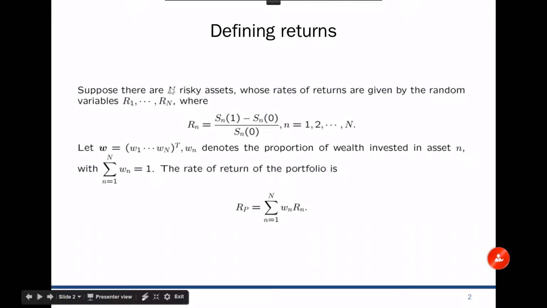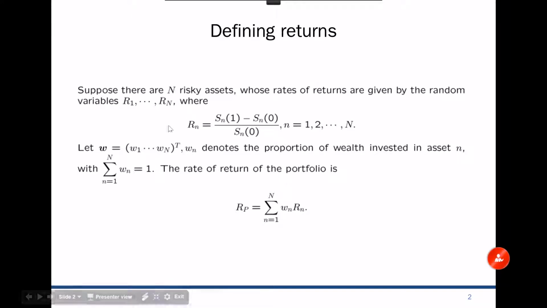So suppose we have capital N number of risk assets, so n is from 1 to N. Now let's form the portfolio. In order to form a portfolio, we need a portfolio weight, and this is W. This W is from the weight for each one. We have N risk assets, therefore we need N weights, with transpose here.